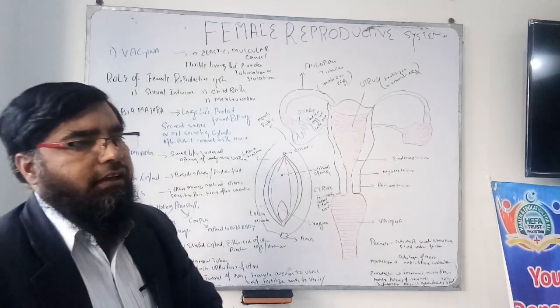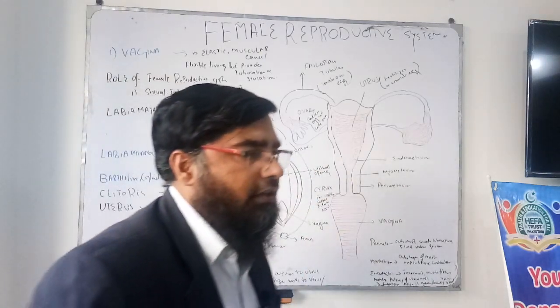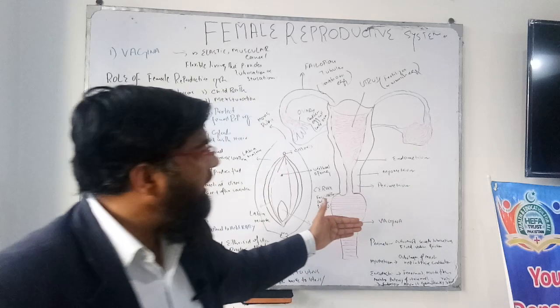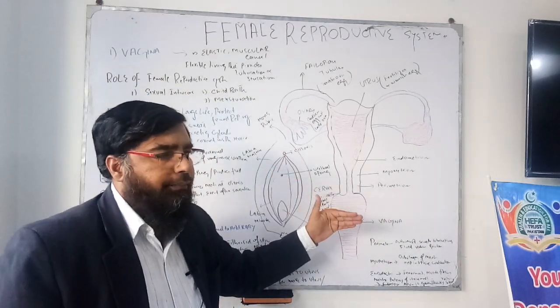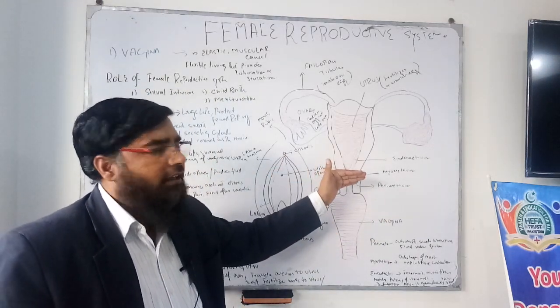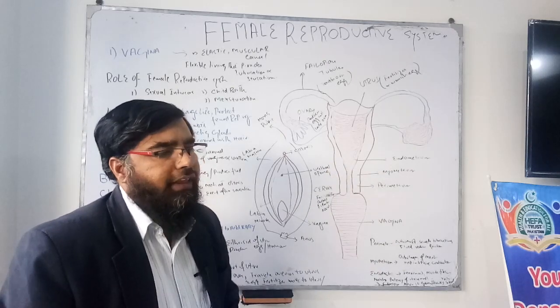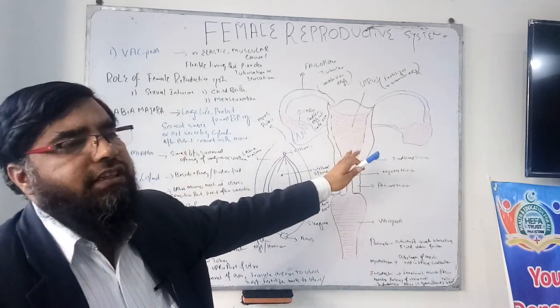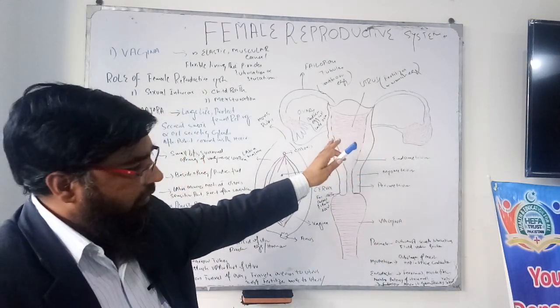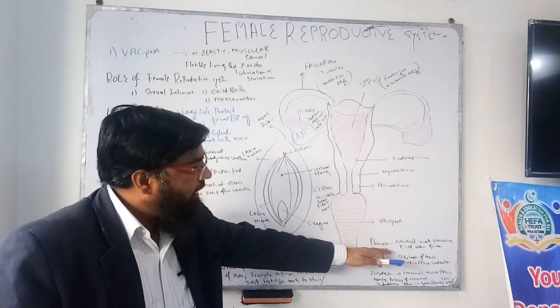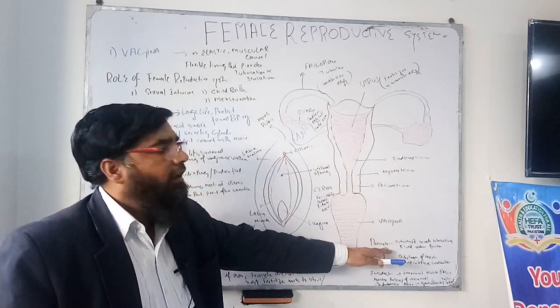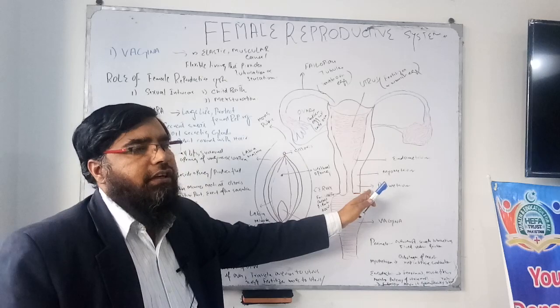So we have discussed three layers. The outer one is called perimetrium, the inner one is called myometrium, and the innermost is called endometrium. The first layer, perimetrium, is the outermost layer.